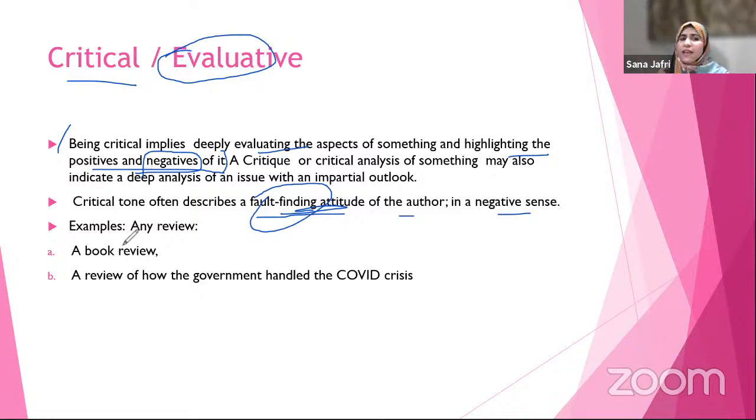For example, a very common thing, any review you take up is critical in nature. Any review. When you're reviewing something, was it good? Was it bad? Whether it's a book review or about any measure that was taken. Do you understand?